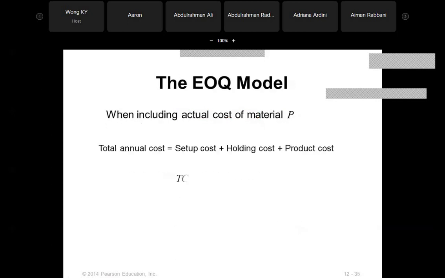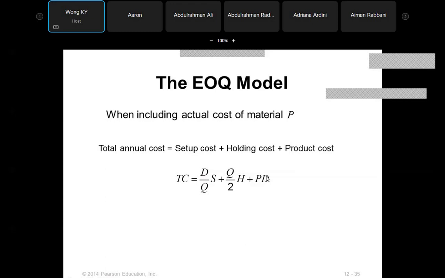Okay, sometimes if the material cost is given, you can also add up the material cost, using P times D. P is the cost of the inventory per unit, or the material cost per unit. You multiply it with D, the total demand.